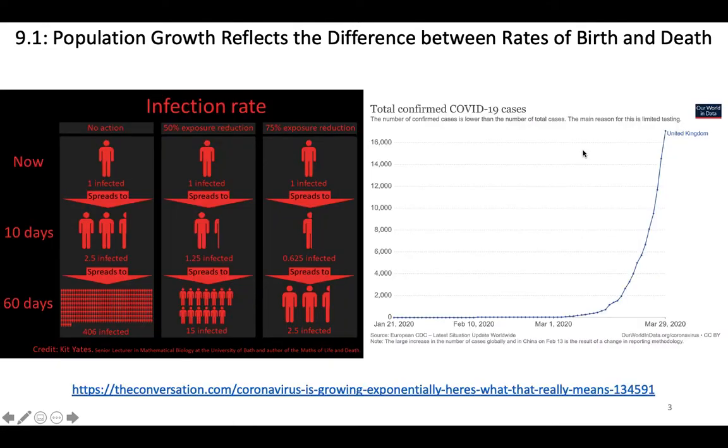So, let's talk about how it relates to COVID, because it's really important to understand what an exponential growth curve is for understanding how we got where we are and why I'm doing lecture videos. I found two really good articles from the UK on exponential growth. This is exponential growth in the UK.